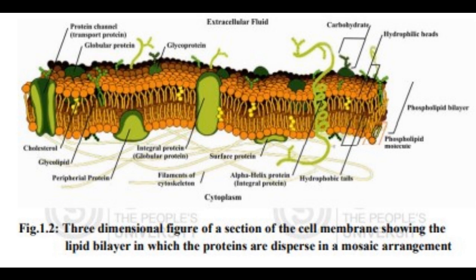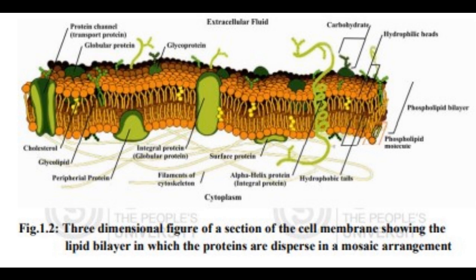Proteins in the membrane are classified as: 1. Integral or intrinsic proteins, which are proteins that extend into and through the lipid bilayer. 2. Peripheral or extrinsic proteins, which are proteins associated with membrane lipids or integral proteins at the inner or outer surface of the membrane.